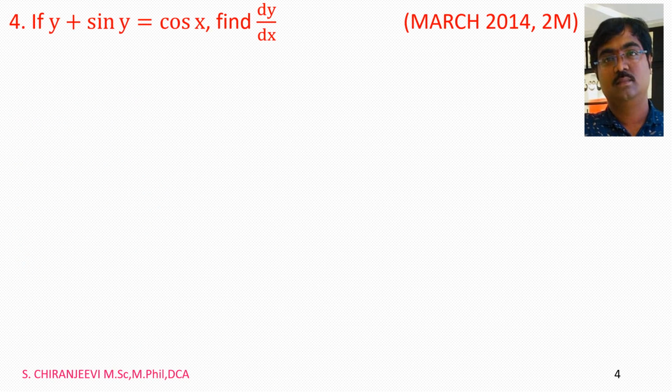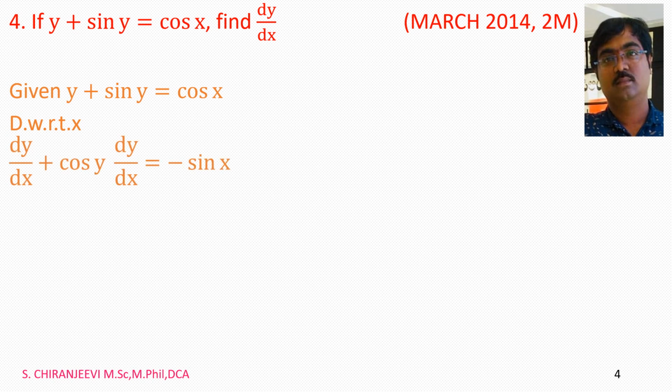Now the next problem. If y plus sin y equal to cos x, find dy by dx, which was asked in March 2014 for 2 marks. Given y plus sin y equal to cos x, differentiating with respect to x, differentiation of y is dy by dx, plus differentiation of sin y is cos y into dy by dx, equal to differentiation of cos x, which is minus sin x.